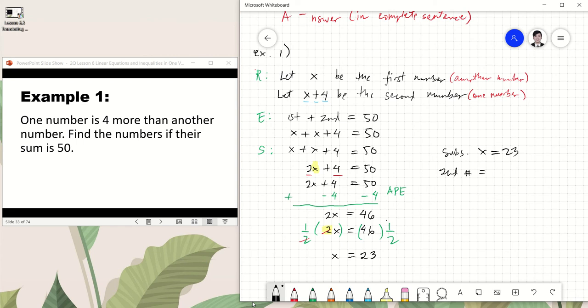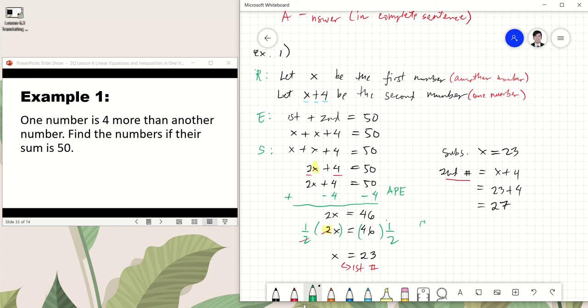So, ano yung representation ng second number natin? It's x plus 4. So, that means 23 plus 4. 23 plus 4 is 27. So, yung first number natin, 23. Yung second number natin, 27.